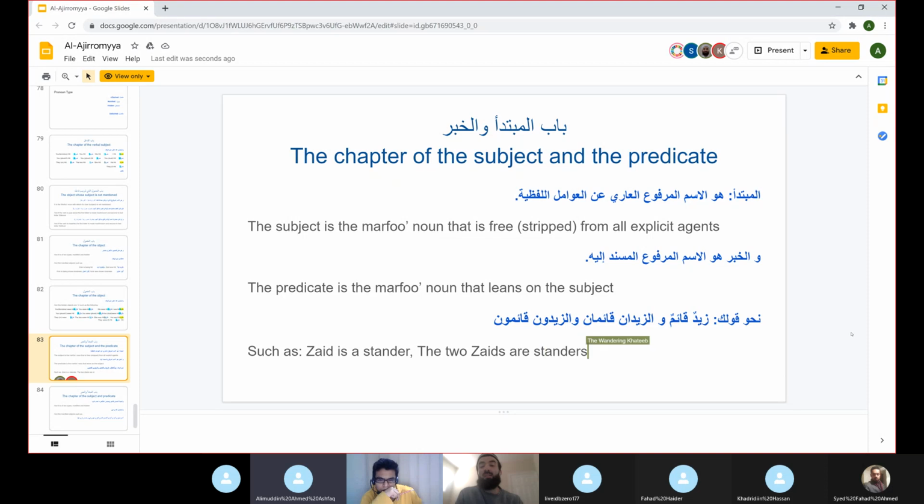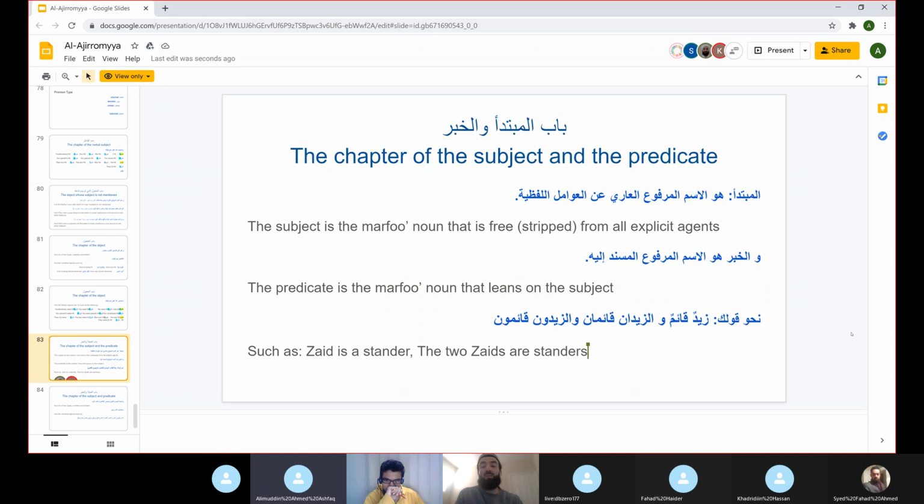I know if we say standing, it'll be the same, but standing is the root verb. It's not necessarily an agent noun. We're talking about how singularity, duality and plurality manifest in the agent noun, not in the root word. If I was to translate it how we're used to, we'd say Zaid is standing, the two Zaids are standing and the three or more Zaids are standing. There wouldn't be a difference in English.